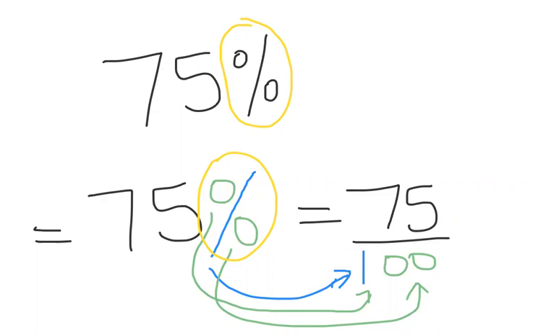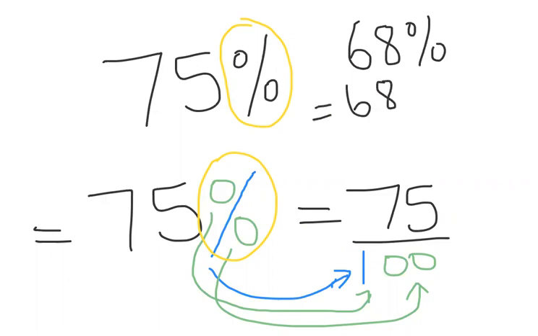So anything, if you write 68%, so that you can write as, let's just write the colors again. The line is the blue and the two circles, and that actually stands for 68 over 100. But you can see both of them, the blue and the two circles, is in the percentage over here.